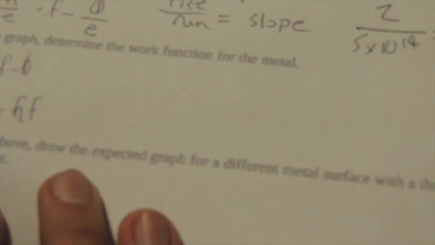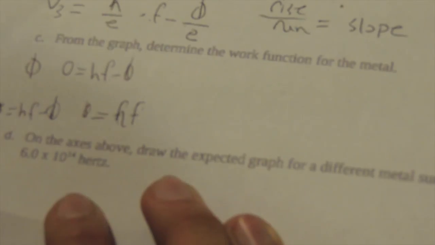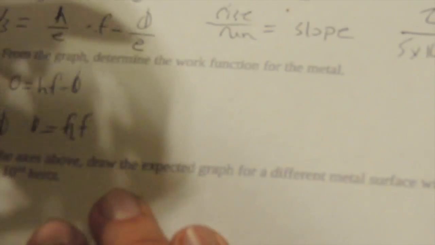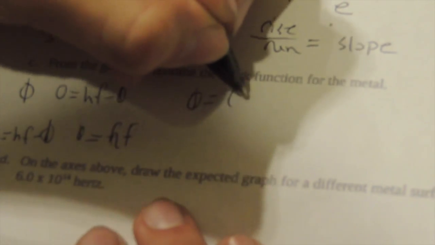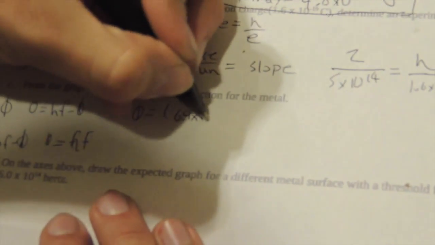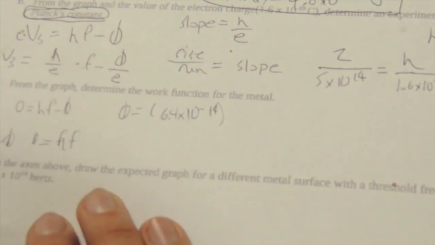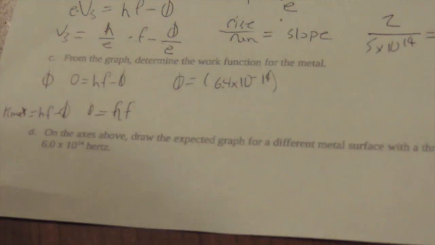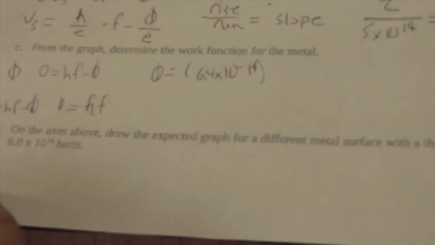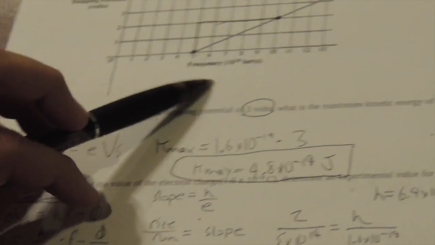Alright, so now we want to plug away. We're going to use the h that we just calculated up here, so work function equals 6.4 times 10 to the negative 14th. And then we're going to multiply that by our f. Our f is 5, the frequency right there.